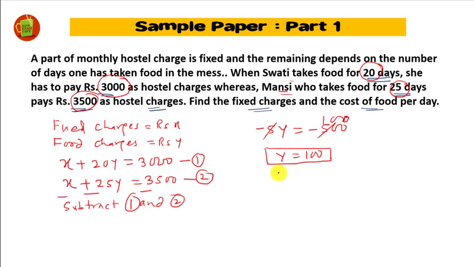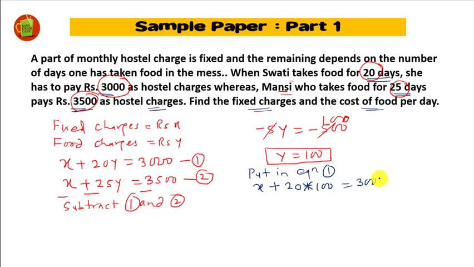Now we will find the value of x. Put the value of y in equation number 1. So after putting in equation number 1, we will get x plus 20y, y is 100, so it will be 20 into 100, which is equal to 3000. 20 into 100 is 2000.